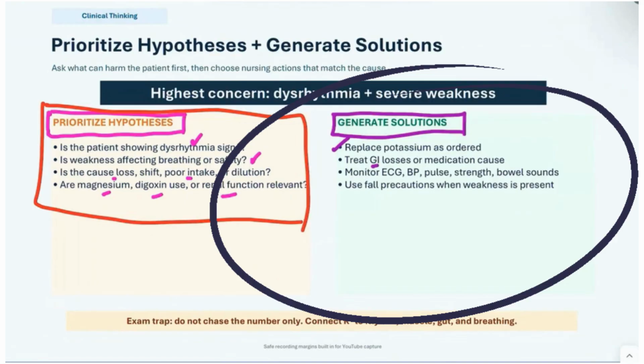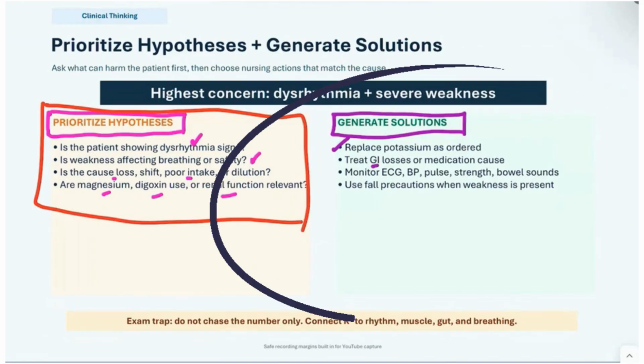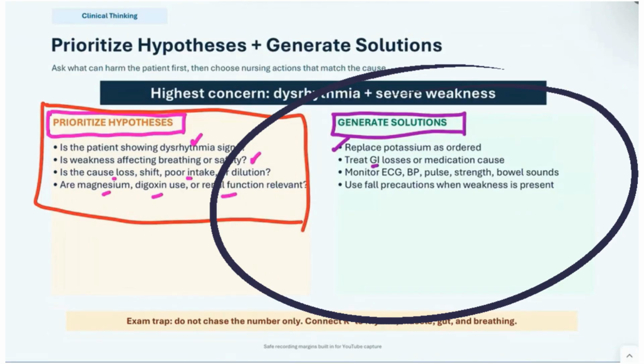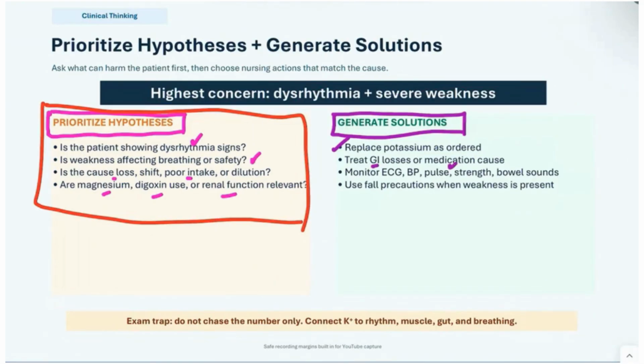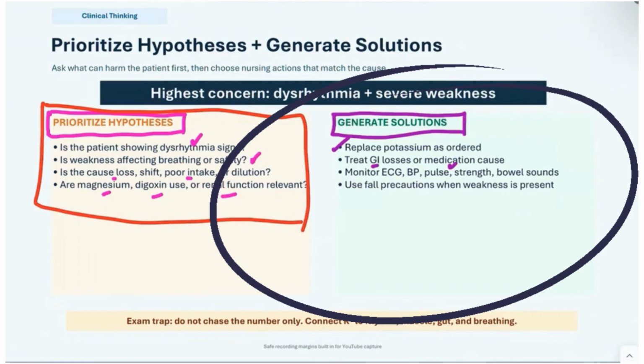If the patient is vomiting, then let's treat the vomiting, right? If the patient is on NG suction, then let's monitor that very closely. Or a medication may be contributing to the potassium loss. Then monitor the patient. That's the most important thing. That's one of the nursing interventions that's a priority.